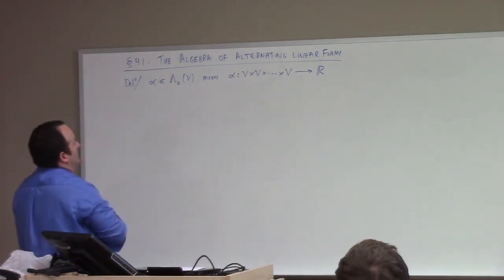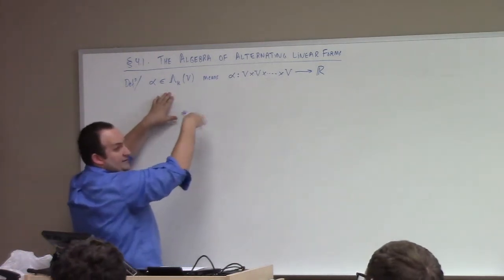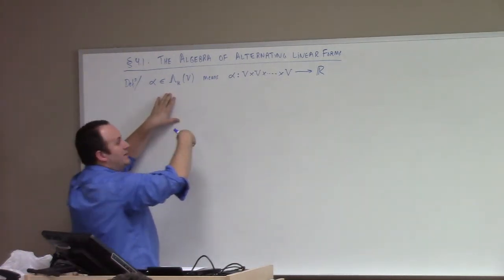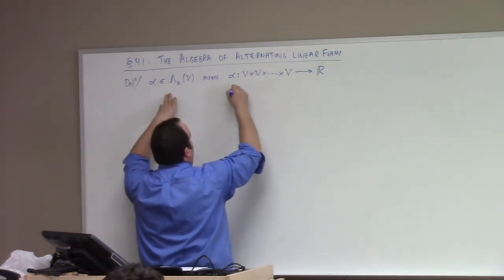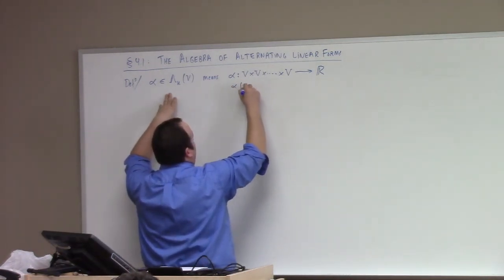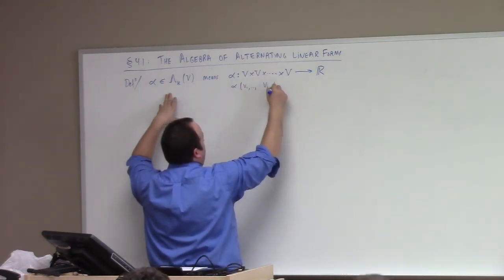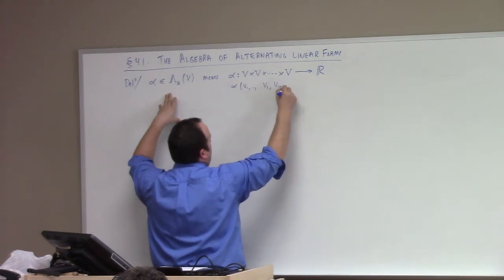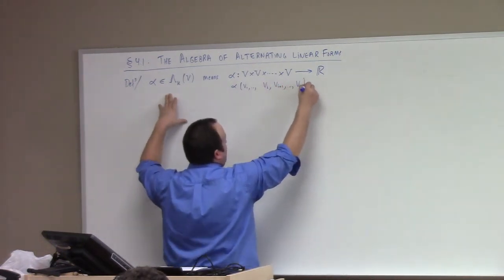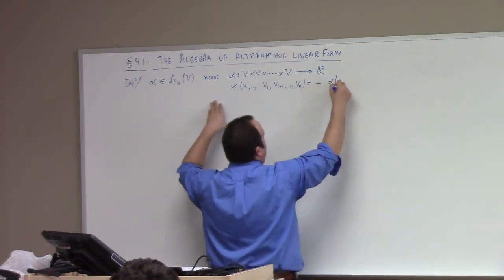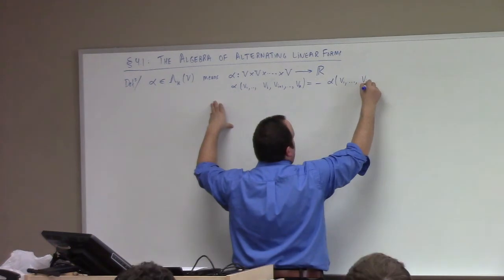And what does it mean? This is not just any map, so it's k-linear, which means it's linear in each entry, but also we have what? If we have alpha of v1, ..., vi, vi+1, ..., vk, well, that's equal to minus alpha of v1, ..., vi+1, vi, ..., vk.